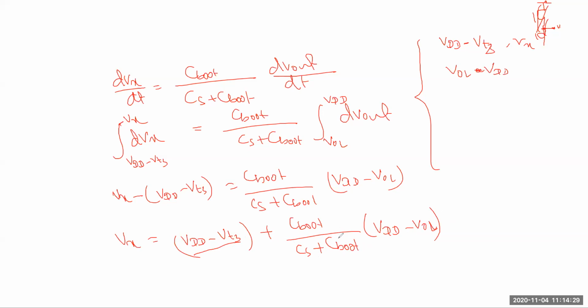If both capacitors are the same, C boot equal to CS, and suppose VOL is equal to 0, then half VDD is added, so Vx is VDD minus VT3 plus 0.5 VDD.